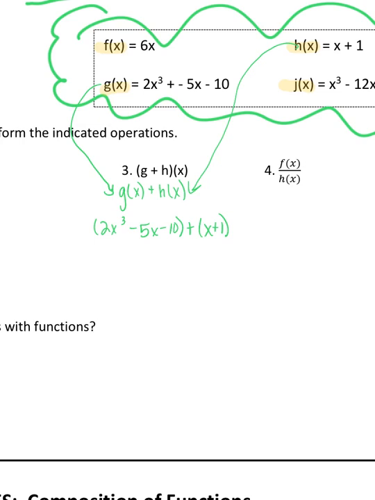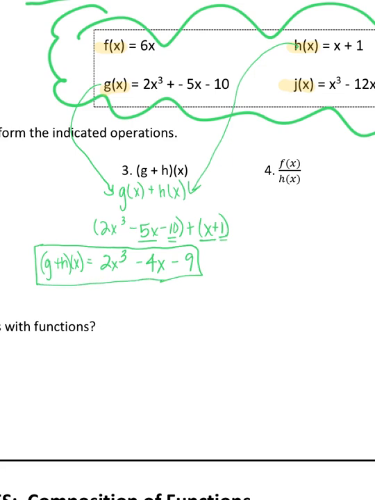So we're going to go ahead and combine like terms because we don't have anything to distribute. So we've got a 2x cubed. We have a negative 5x plus an x is negative 4x. And we've got negative 10 plus 1 is negative 9. Nothing else combines. So our function g plus h of x is equal to that expression, 2x cubed minus 4x minus 9.